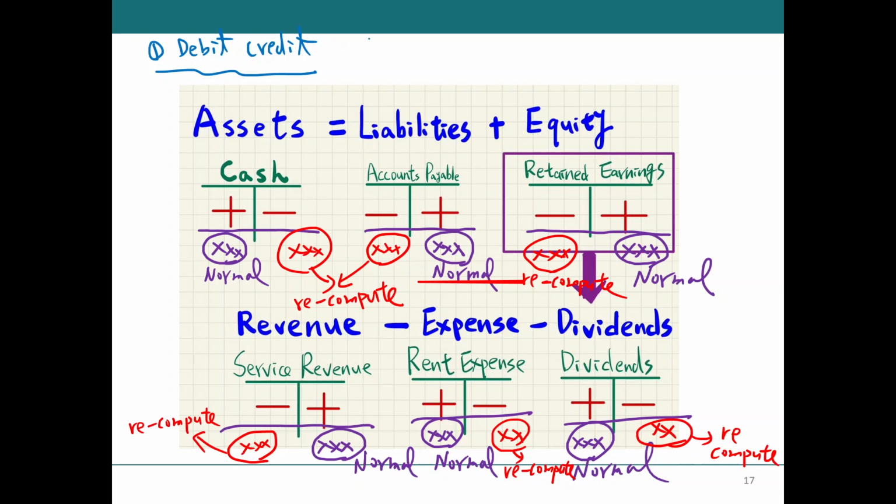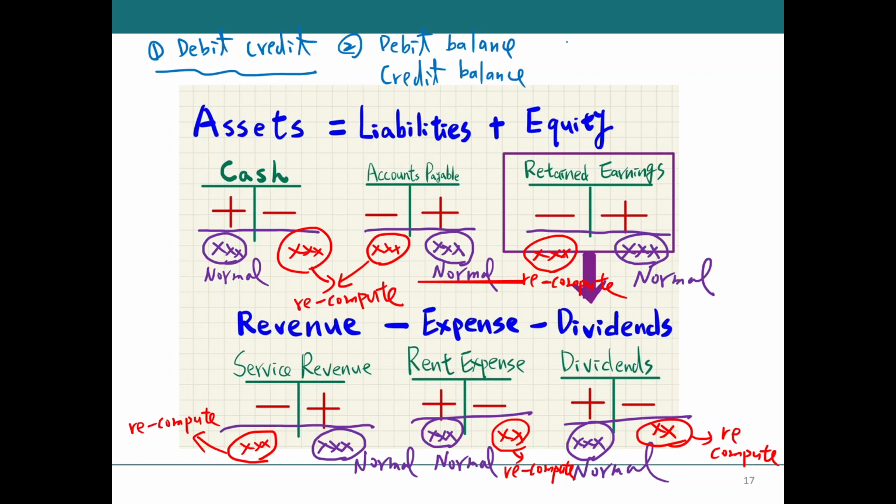Second thing we've mentioned is what? Final amount on debit side, we call it debit balance, credit balance. So we've mentioned debit balance, credit balance last week. Debit balance, credit balance means your final amount on debit or credit.